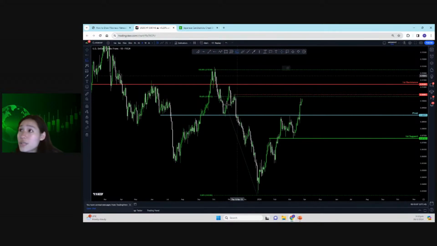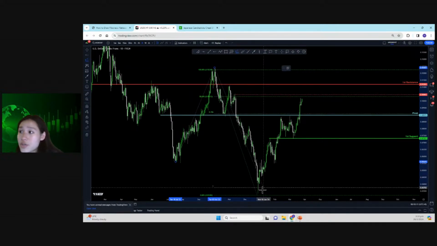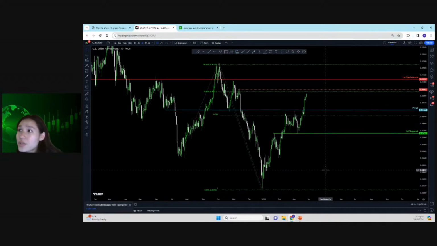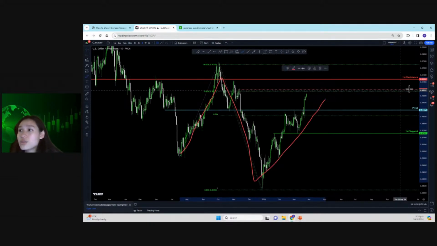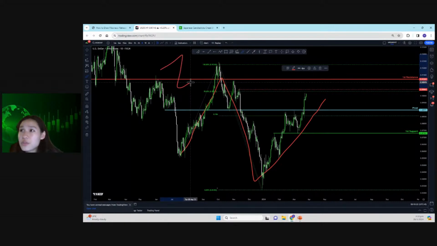Next, I'm going to be using a projection. Projection uses 3 points instead of 2. The kind of shape that you want to look out for if you're using a projection is like a lightning bolt or a flash kind of shape.